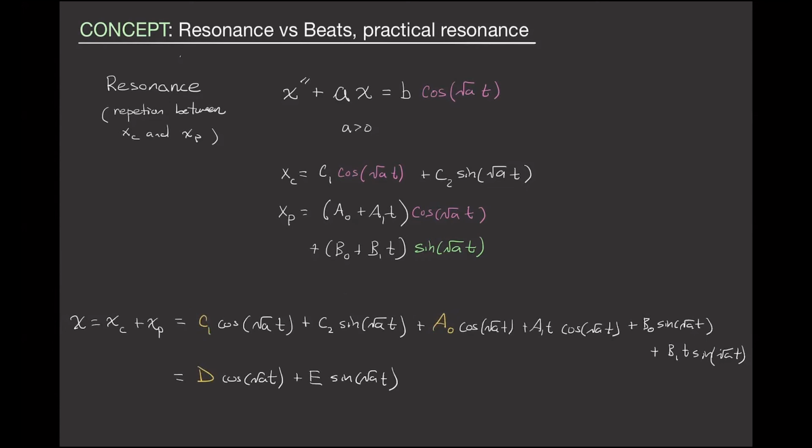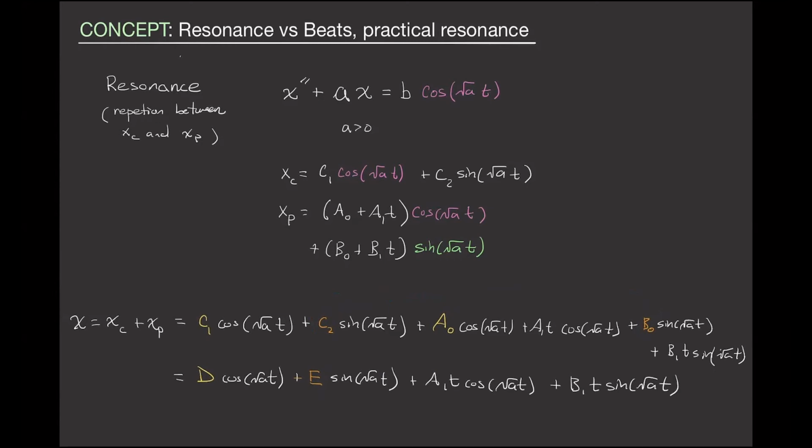And the same thing with e. e is just going to be c2 and b naught. Then that leaves us with a1t cosine of root at plus b1t sine of root at.